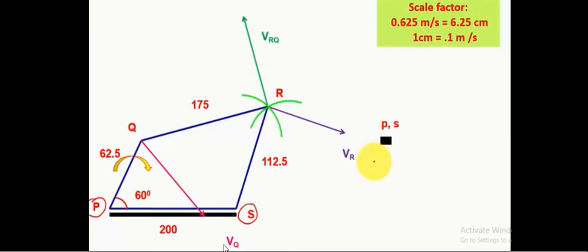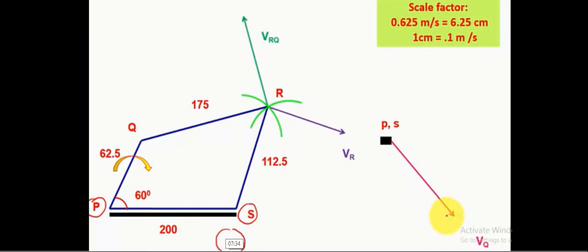So start with point PS. Then what you want to do is, you know VQ in direction and magnitude. Direction is along perpendicular to PQ and magnitude is 0.625 meter per second, that we got from 10 radians multiplied by the length of the link 62.5 millimeters converted into meters. And what you need to do is you have to use a rolling scale and move that link to the point PS.